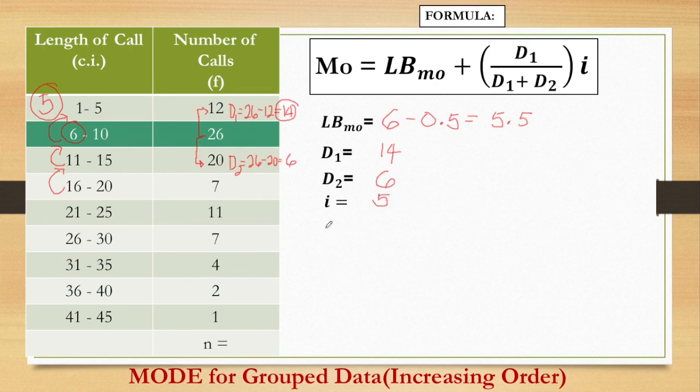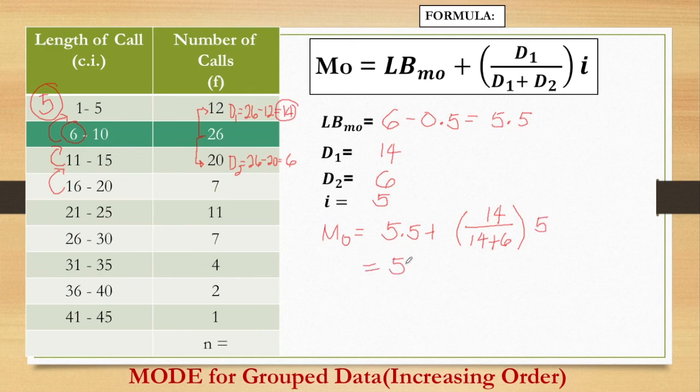So let us find the mode. Plug in the value of the lower boundary, which is 5.5, plus D1 is 14 and D2 is 6 and your interval is 5.